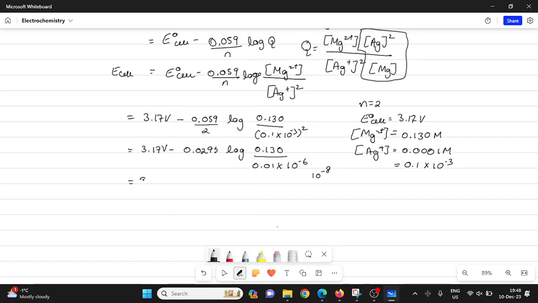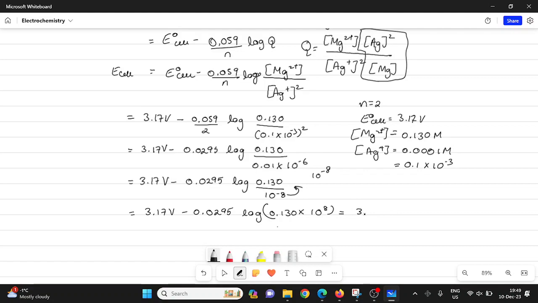So basically, you get 3.17 volts minus 0.0295 log 0.130 divided by 10 to the power minus 8. Then 3.17 volts minus 0.0295 log 0.130 into 10 to the power 8, because we're moving it from the denominator to the numerator.